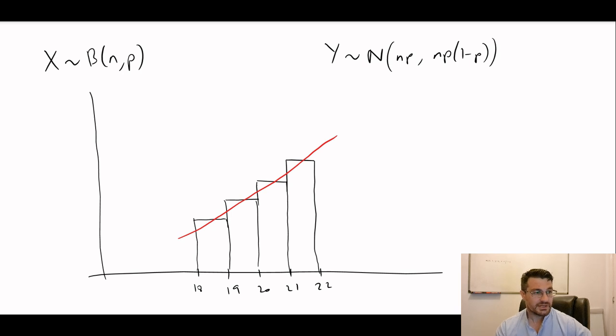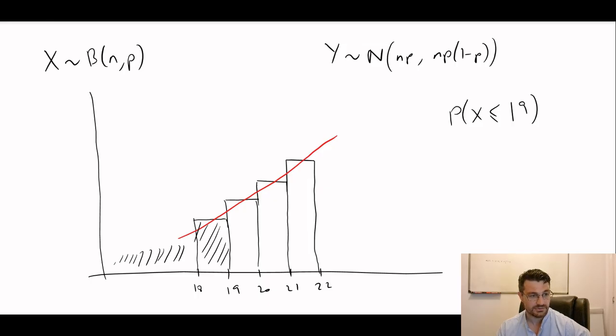And let's say we want to calculate the probability that x is less than or equal to 19. So that means that we've got a load of rectangles up here that we're going to have to calculate the area of. We're going to have to calculate the area of this rectangle, which corresponds to 18, and also this rectangle here, which corresponds to 19.